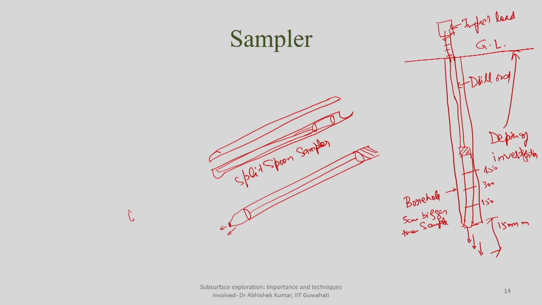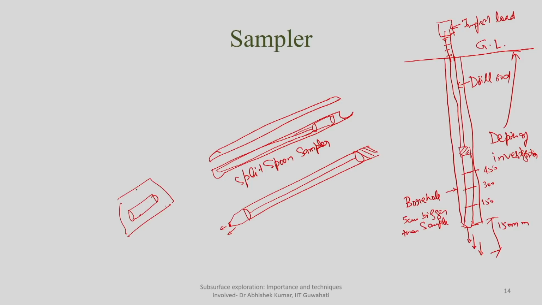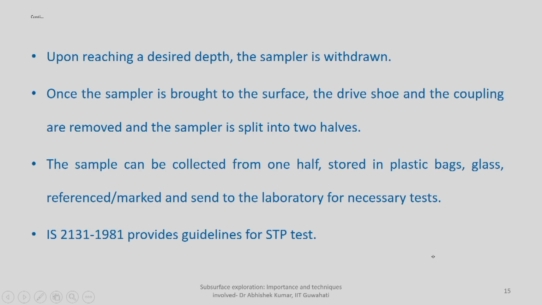You collect the soil sample into plastic sheets and wrap it. Then you can take it to the laboratory for further testing. So you get a sample as well as an understanding of its resistance.